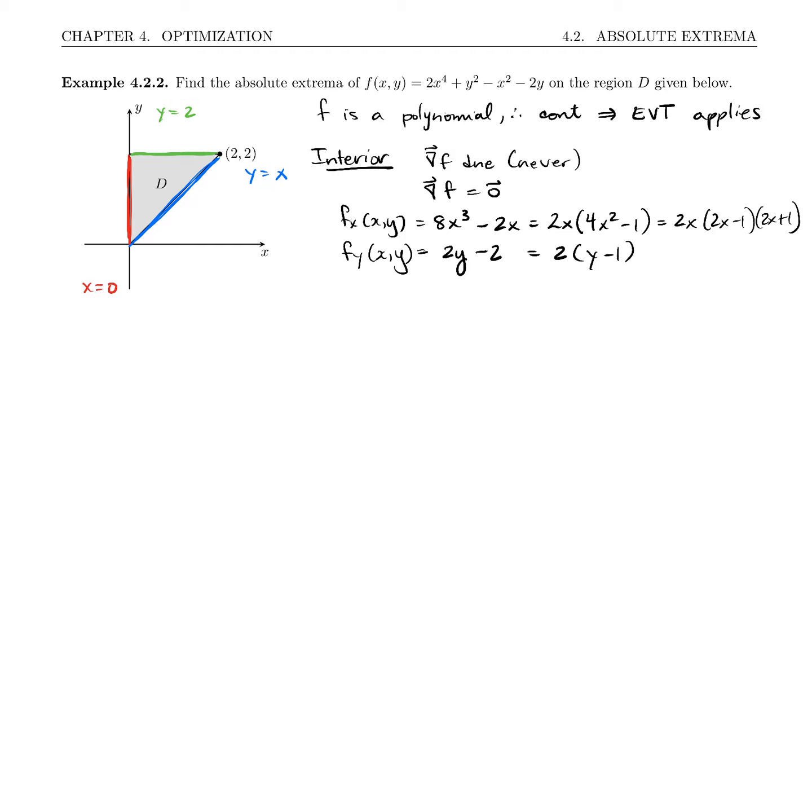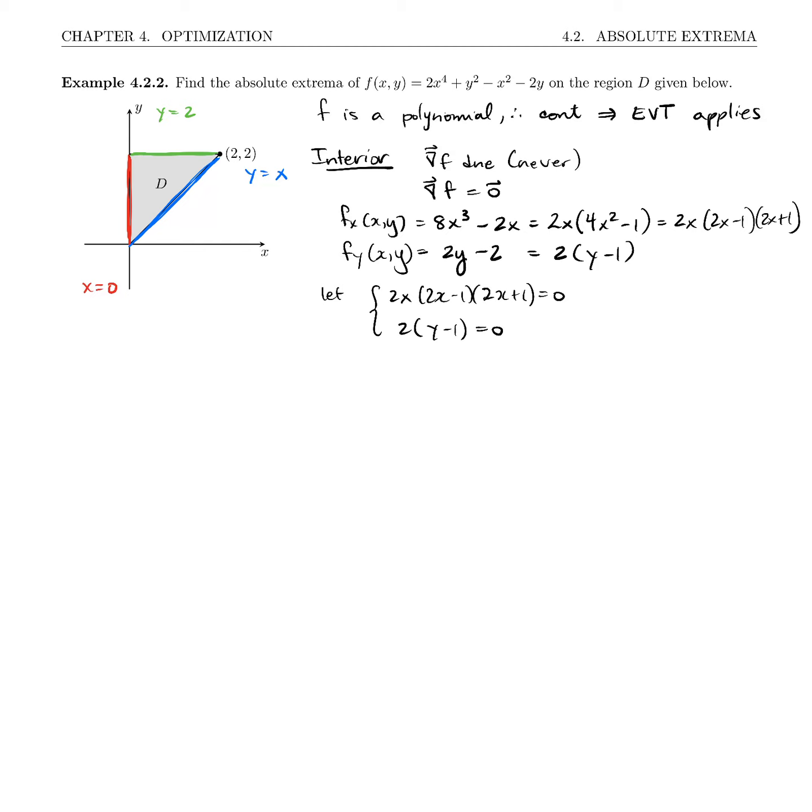We need the gradient to be 0, so we need to let both of the partials be 0 at the same time. So 2x times (2x - 1) times (2x + 1) needs to be 0, and 2 times (y - 1) has to be 0.